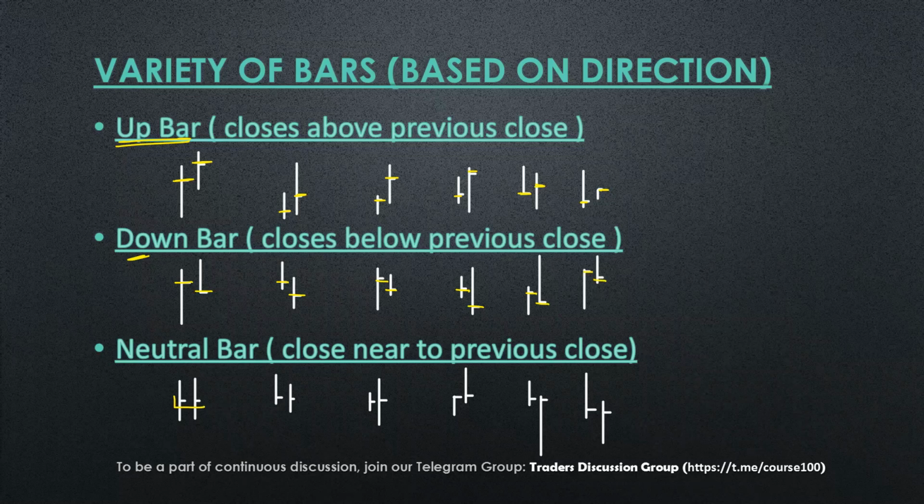Whereas here in neutral bars, my closes are near to each other. There can be a bit here and there, that's fine, because in a real market you will not get an ideal situation. But you can modify your statements based on your context. So that's your third type of variety.